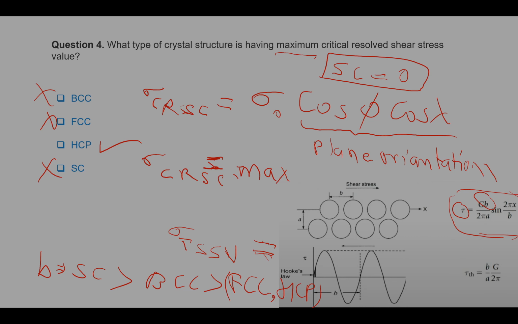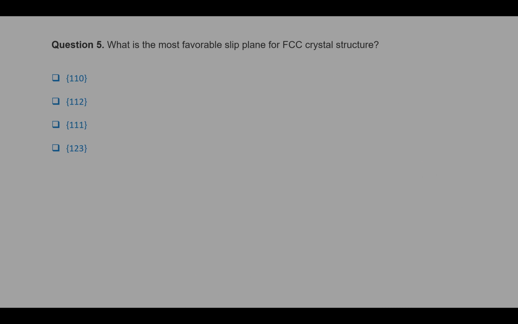Now, the next question number 5: what is the most favorable slip plane for FCC crystal structure?